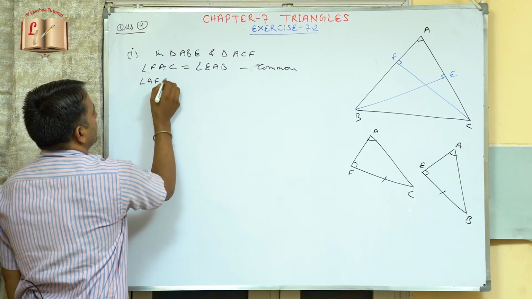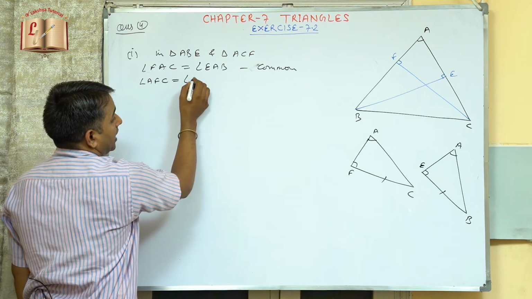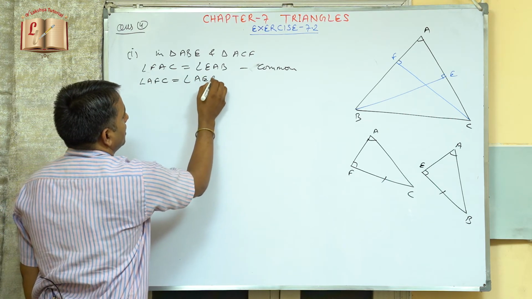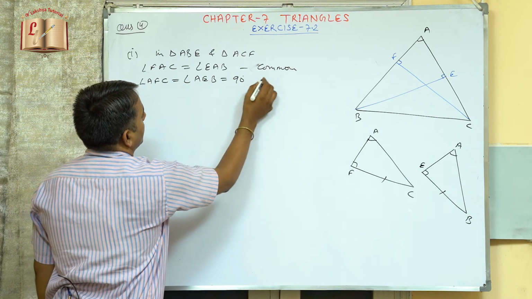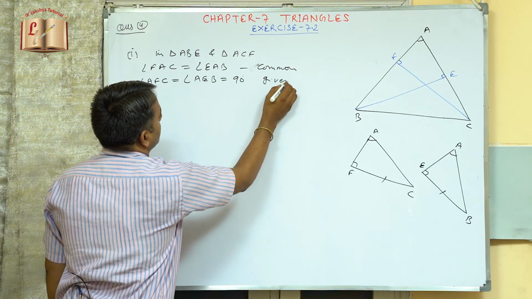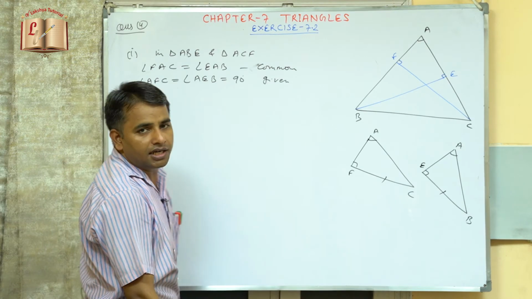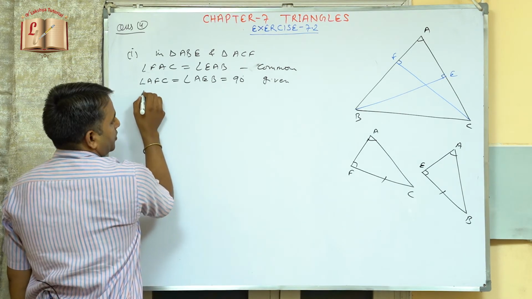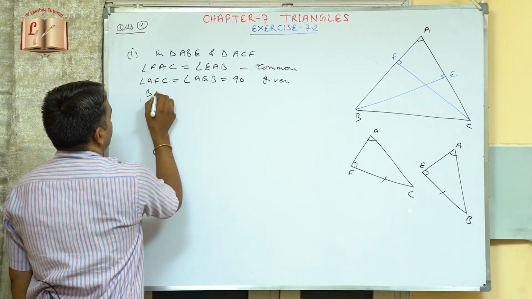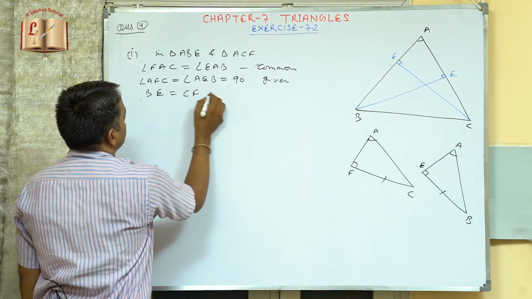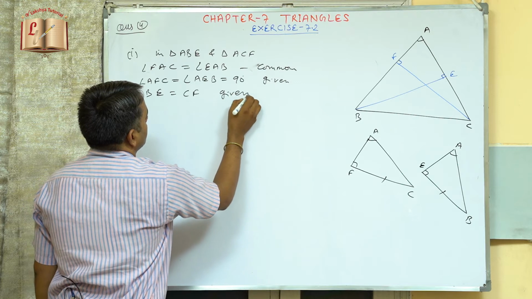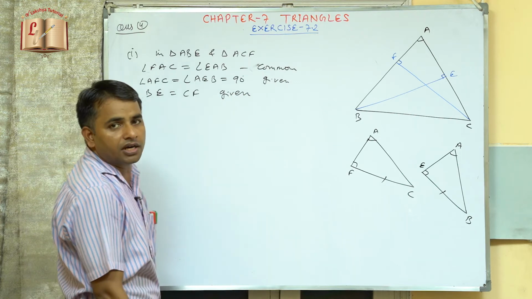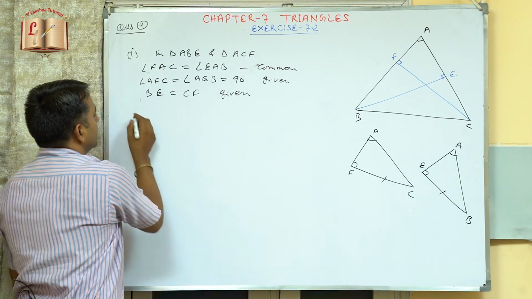Angle AFC is equal to angle AEB. This is equal to 90 degrees given to us because BE and CF are the altitudes to this triangle, and BE is equal to CF. This is given to us that altitudes are of equal length.